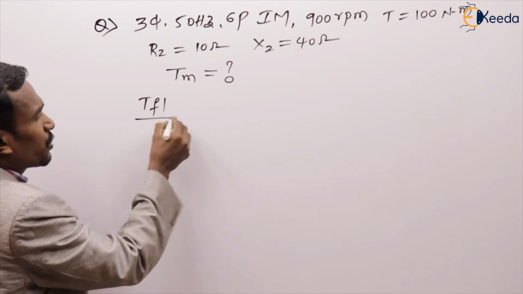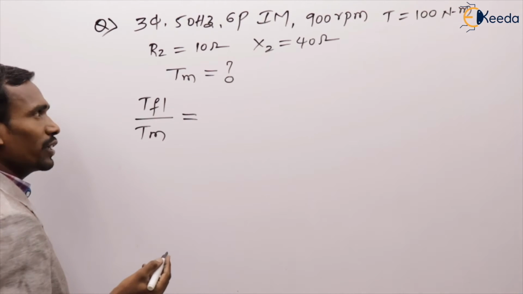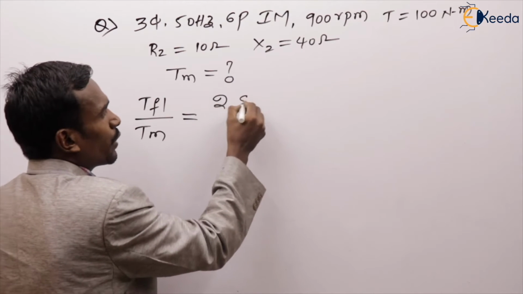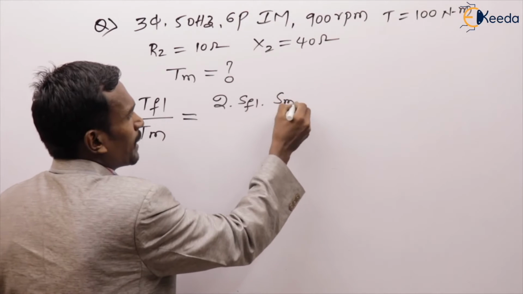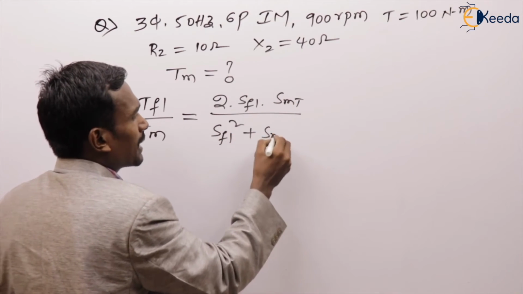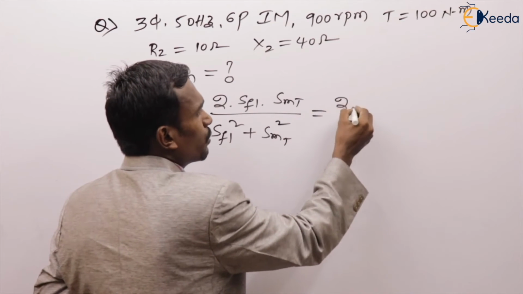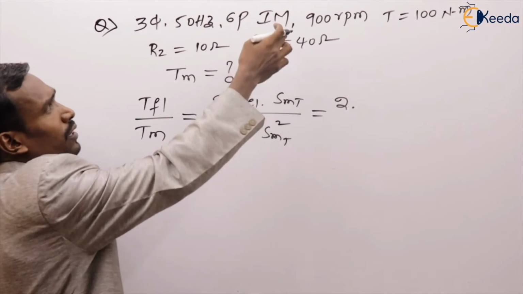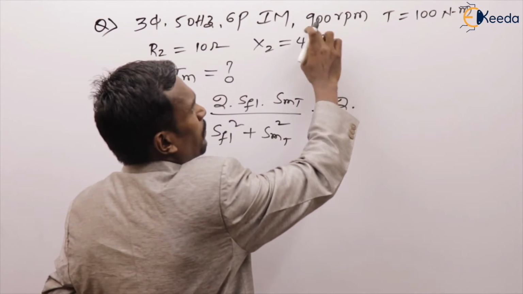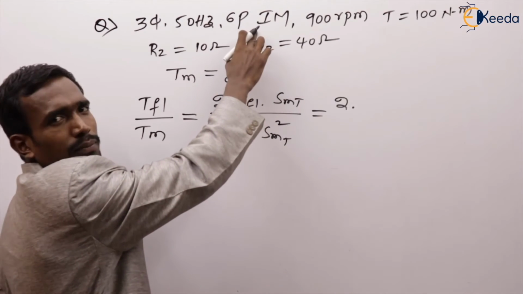Full load torque to maximum torque equals 2 into slip full load into slip maximum torque, divided by slip full load square plus slip maximum torque square. What is slip full load? Here the speed is 900 RPM and the synchronous speed is 1000 RPM.